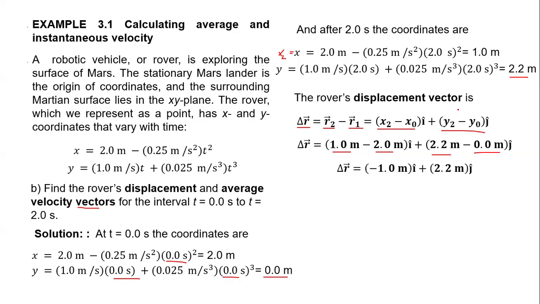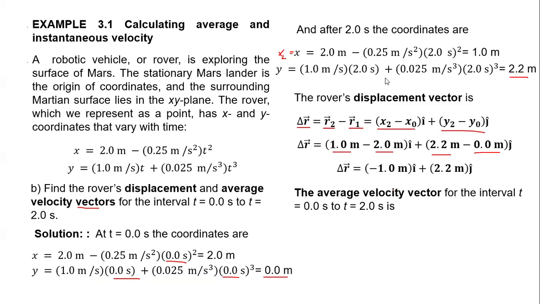So the displacement vector must be in this form because the problem is asking about vector quantities. 1 minus 2 is -1 and the other one is 2.2. So this is your displacement vector, in component form. For the average velocity vector, the formula is just the displacement over the time interval.